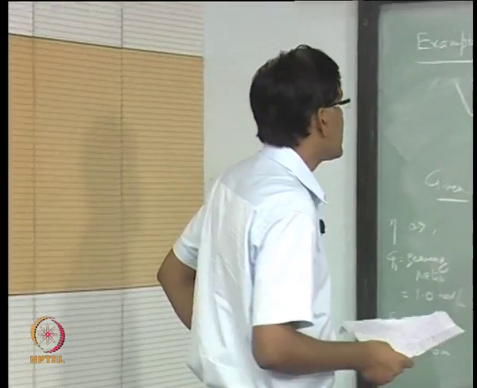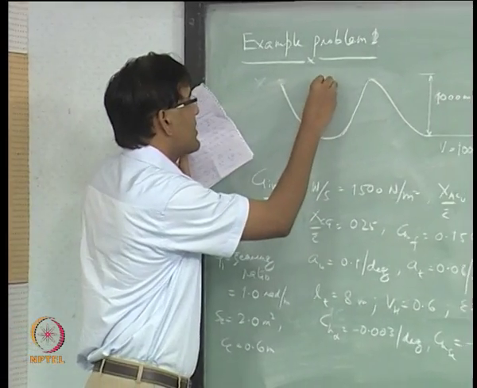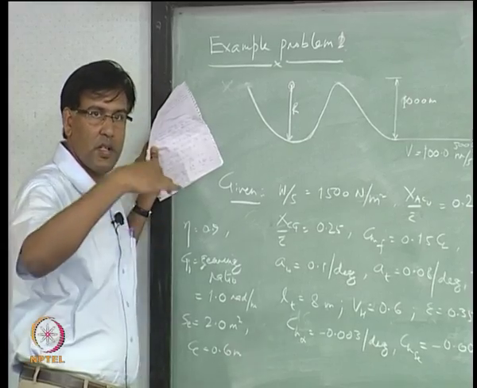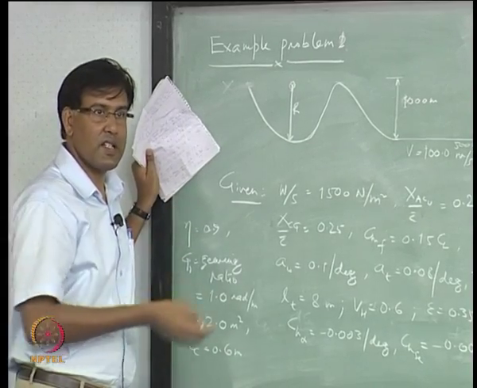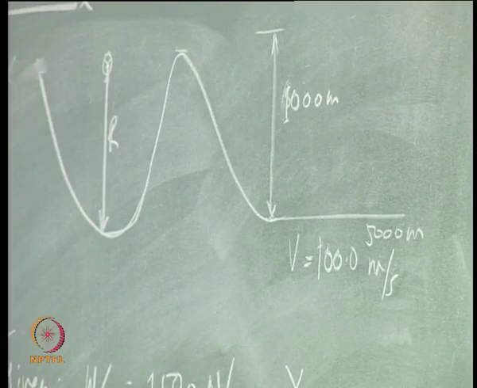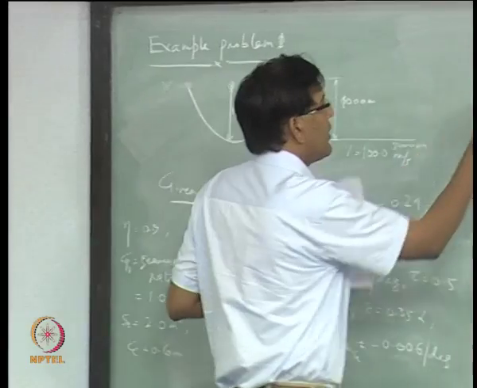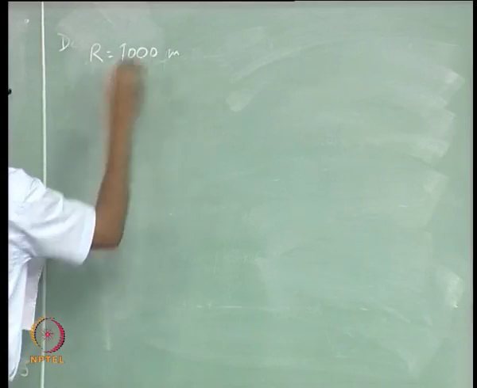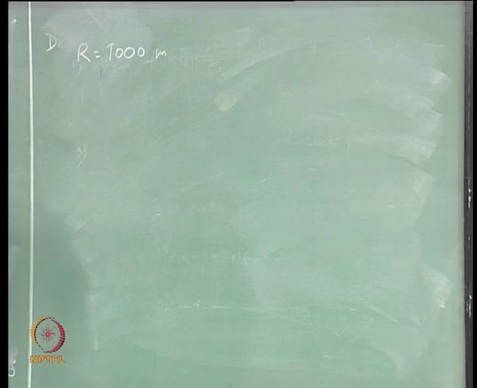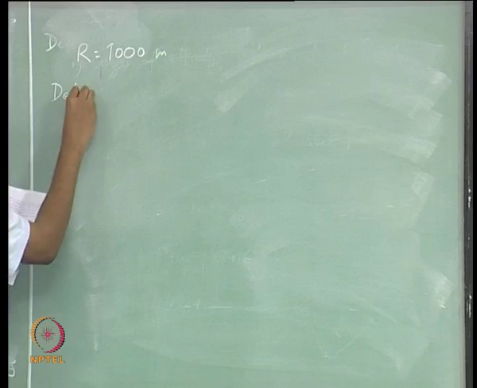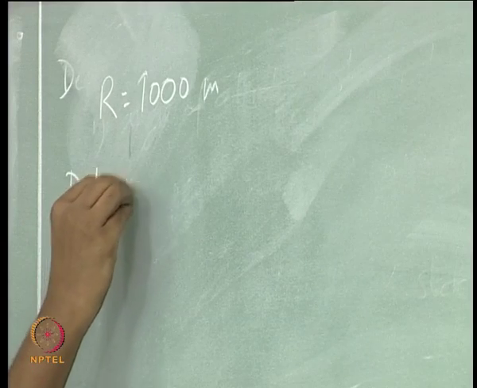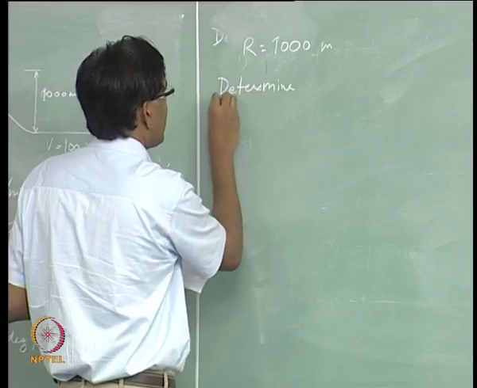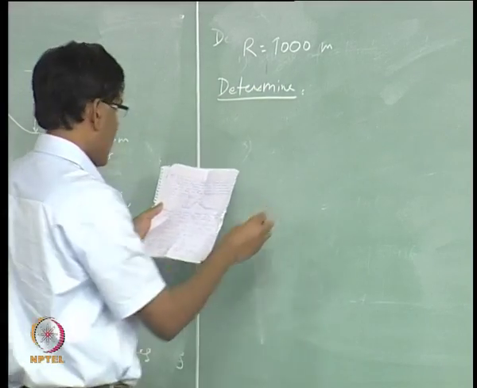Okay. So, clearly the radius that it is trying to pull through is 1000 meter, right, it is clear from here. Okay, so let me tell you what we are trying to determine.